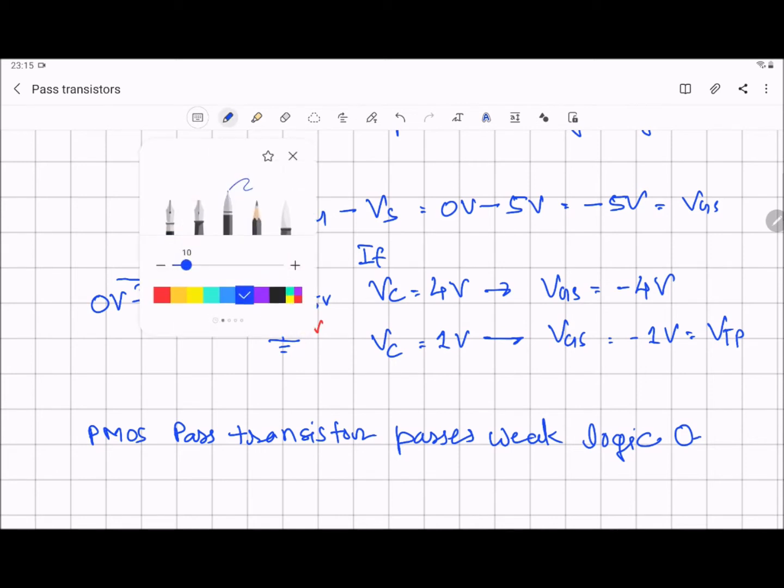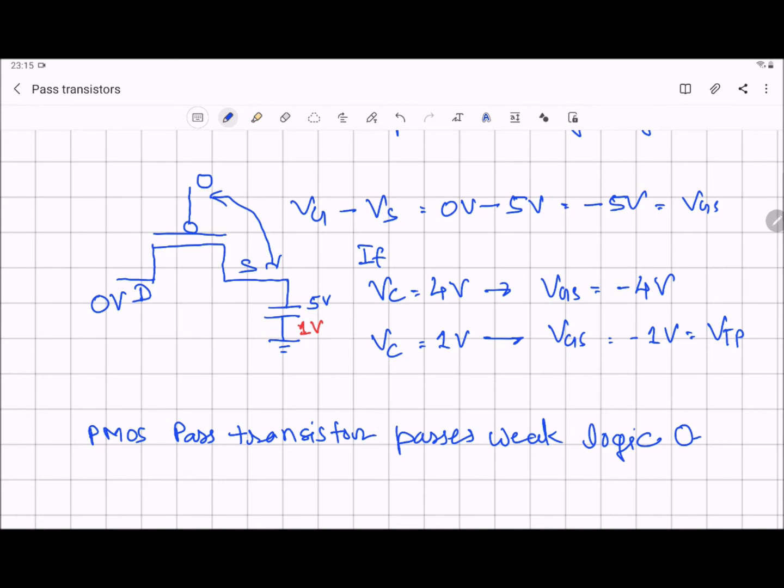So both the transistors, NMOS and PMOS, pass one strong logic and another weak logic.